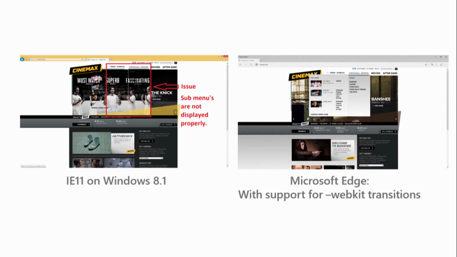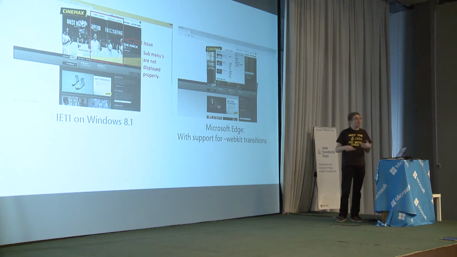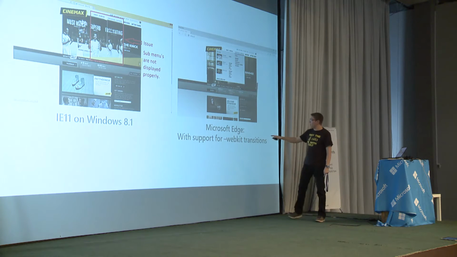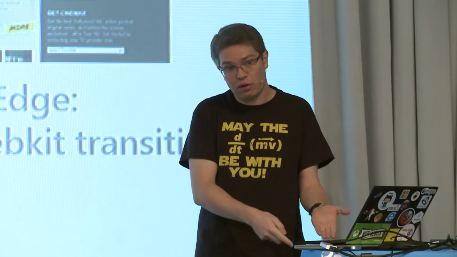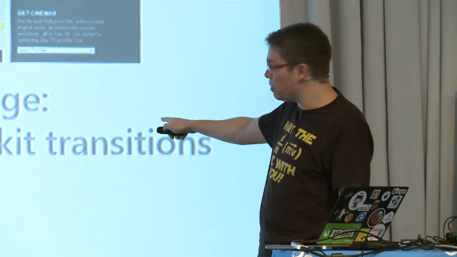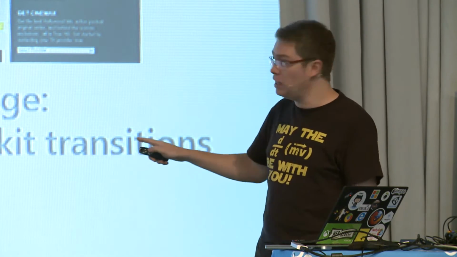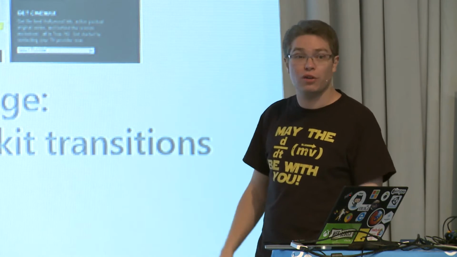The problem is that they didn't update the website to use the final version of the specification, nor the most recent version, the -o version. So you cannot say to every website developer, please update your code to use the final version. They should do it to support the standards. But what we decided to do is to alias some of the WebKit CSS features to the final version. So we are reading WebKit in our engine now, and by doing that, we are fixing a lot of websites in our browser.